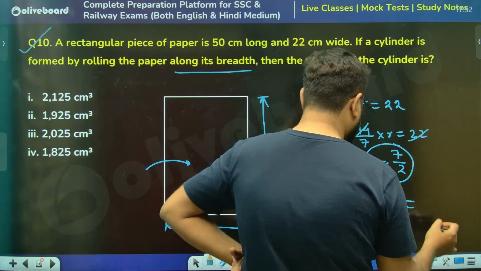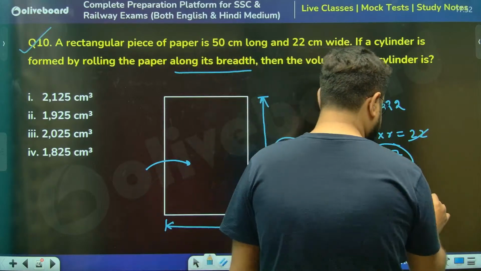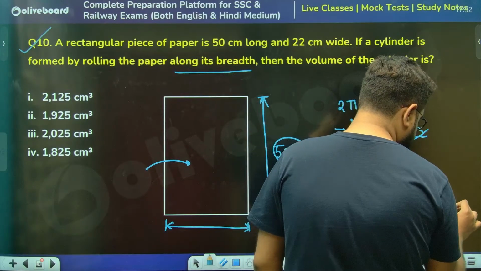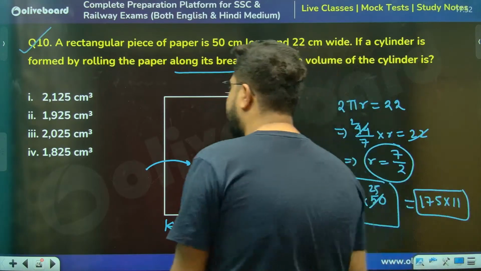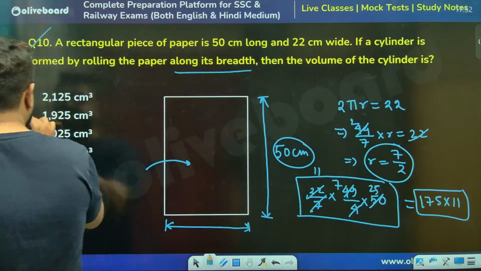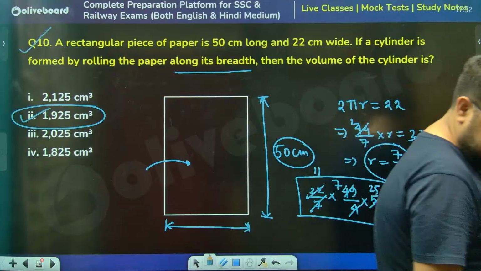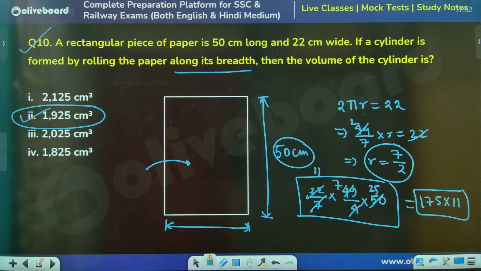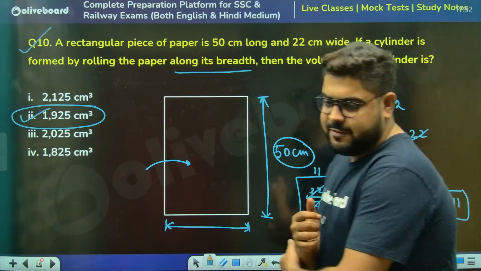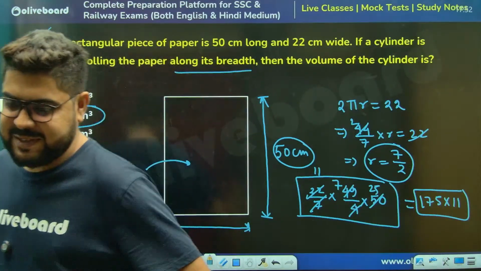So 25 into 7 is how much? 175 into 11, sir. 175 into 11 is 1925 centimeter cube. Sashi is absolutely correct. You are absolutely correct, Sashi. Very, very good.